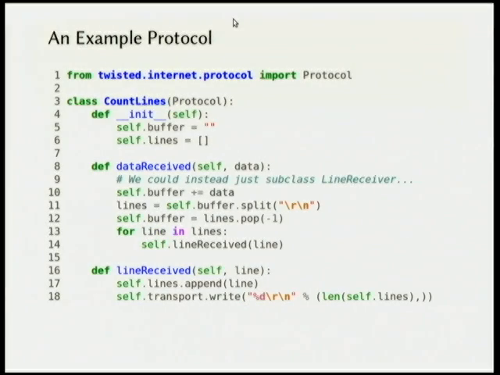So let's imagine you received ABC\r\n and then X. So X belongs to the next line. So if you split on \r\n, you'll get a list with 2 items in it. ABC is the first item, and X is the second item. So the last item in the list is always the bytes that are at the beginning of the next line.